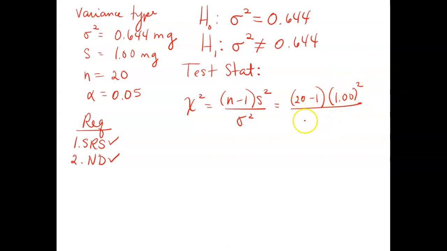We'll divide that by sigma squared. And if you notice, this is what I was saying earlier about being sure you keep track of whether something's squared or not. This is actually already squared, so I don't need to square this again. So I'm going to leave it just as it is. So when I put that in, I get 29.503.